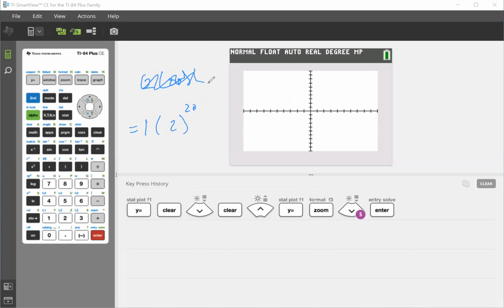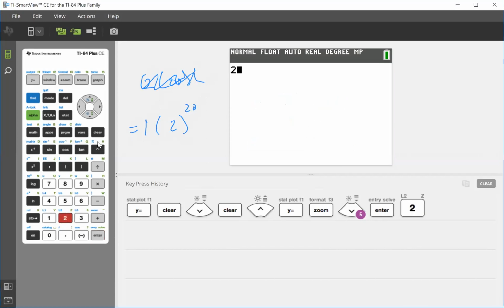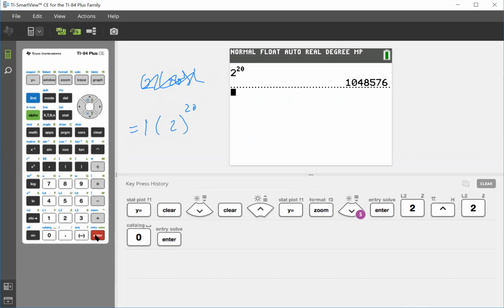Sorry, disregard that. Usually I'll put this 1 in after the fact. I'll do the 2 to the 20th first. So 2, and then there's a caret feature over here, to the 20th power. Now you could hit enter. So you'd have 1048576, which we can write down somewhere.